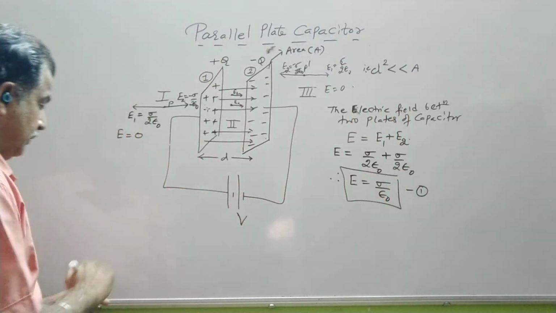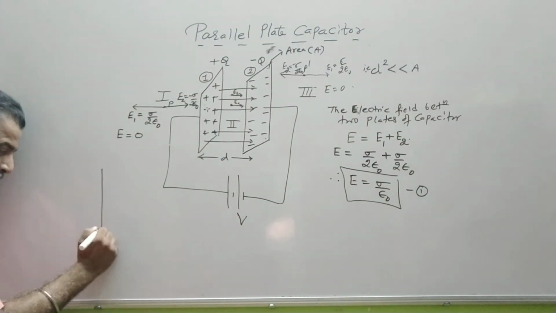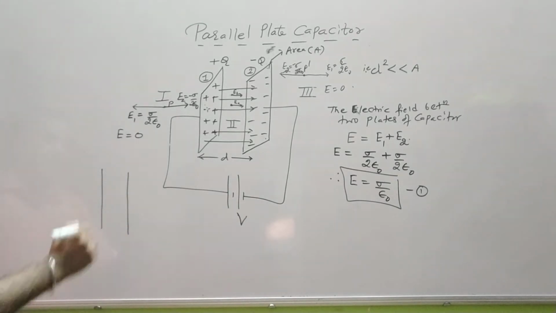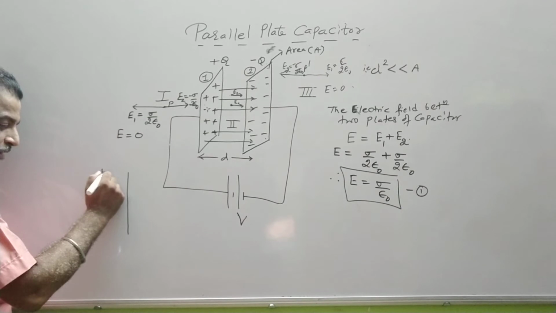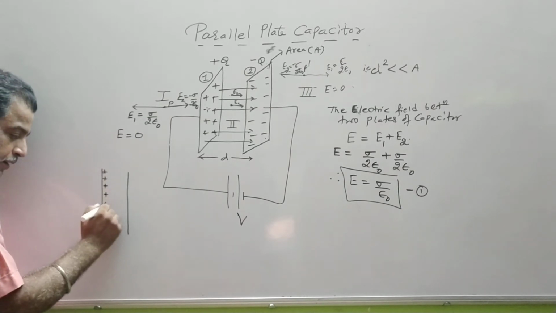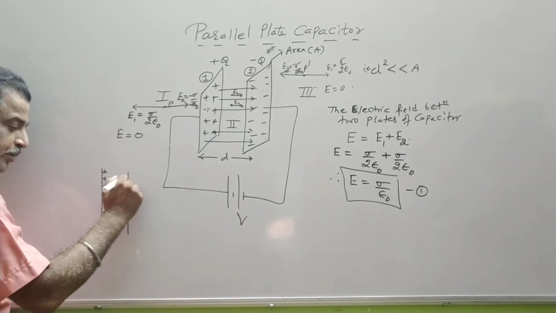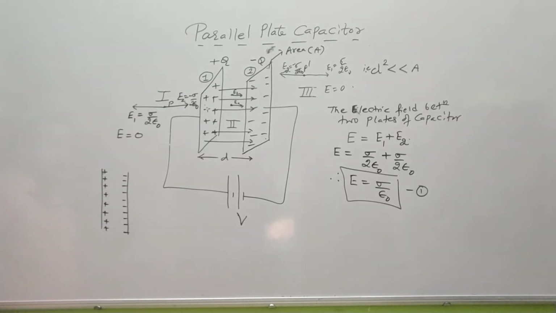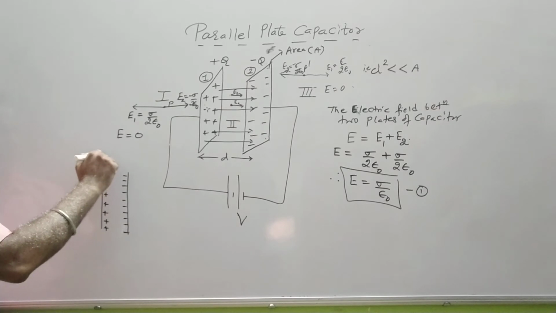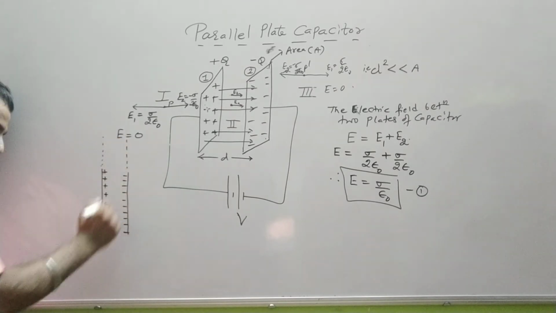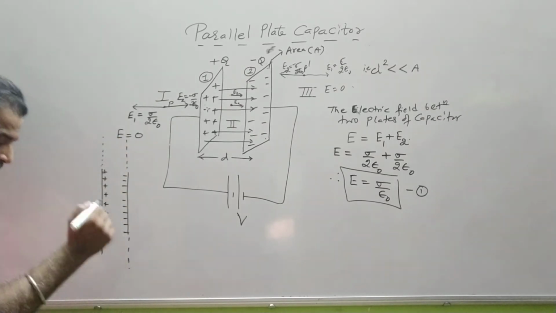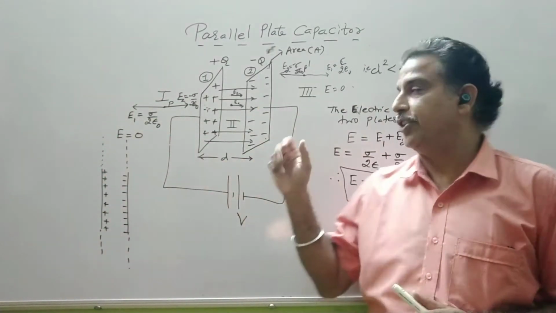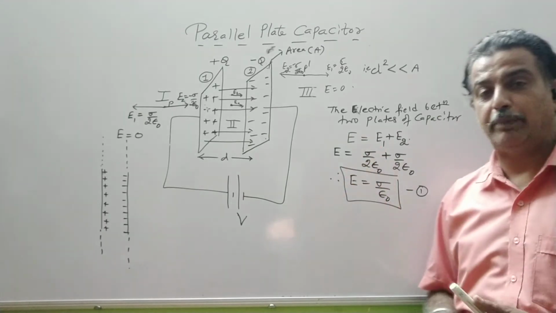Now suppose I draw the two plates by two parallel lines. This plate is positively charged and this plate is negatively charged. Now if these plates are infinitely long, we derive this relation for an infinite plane sheet.